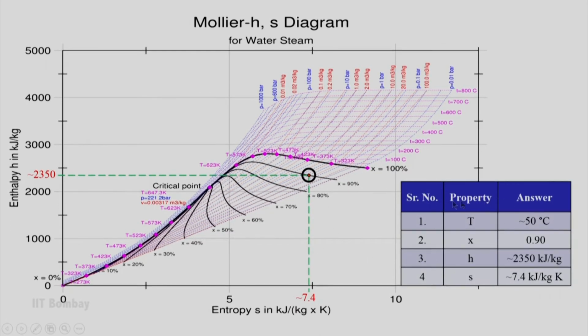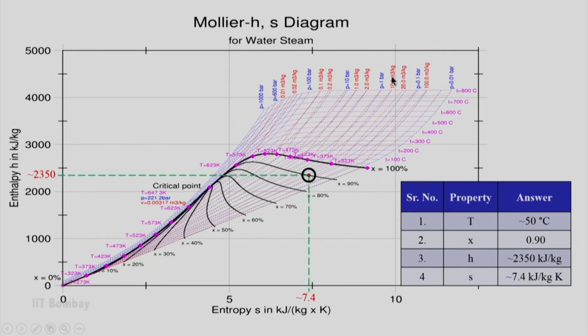So I can show you that the properties are T is equal to 50 degree centigrade, x is equal to 0.9, the enthalpy H is equal to 2350 kilojoule per kg, and S is equal to 7.4 kilojoule per kg Kelvin.